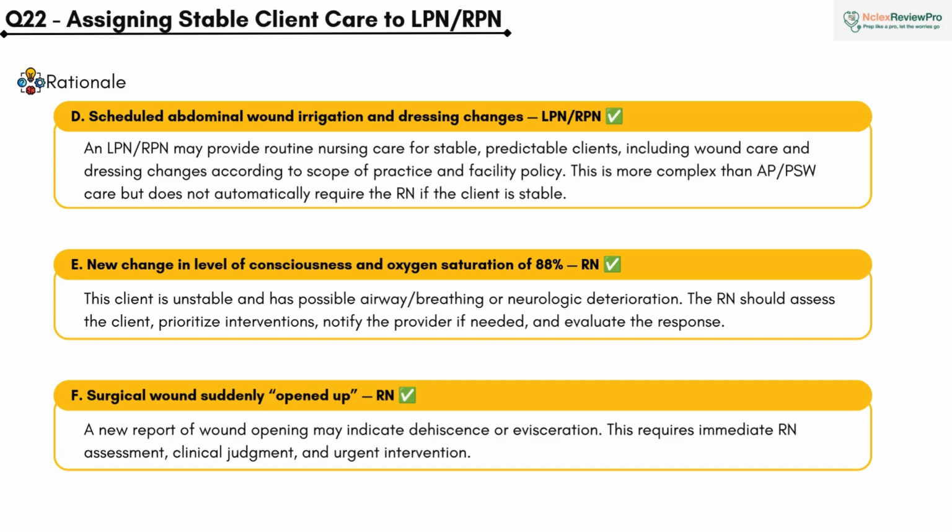The RN must assess the client, prioritize interventions, notify the provider if needed, and evaluate the response. For option F, a surgical wound that suddenly opened up also requires the RN. This may indicate wound dehiscence or evisceration. That is a new and potentially serious complication requiring immediate assessment, clinical judgment, and urgent intervention.